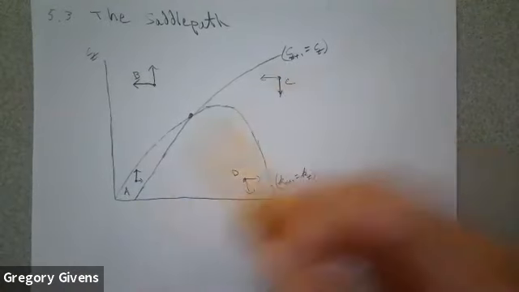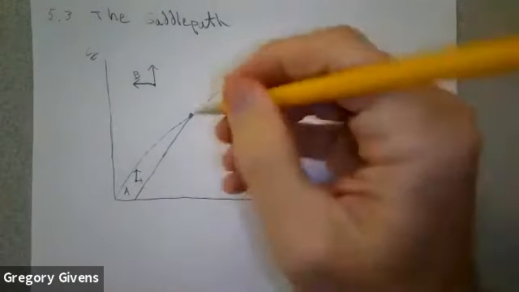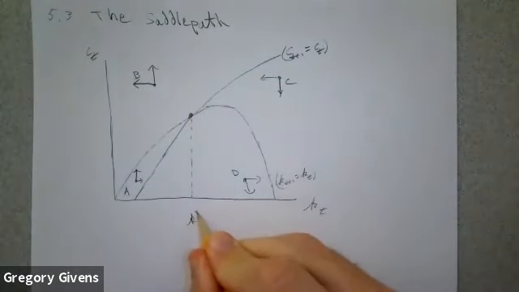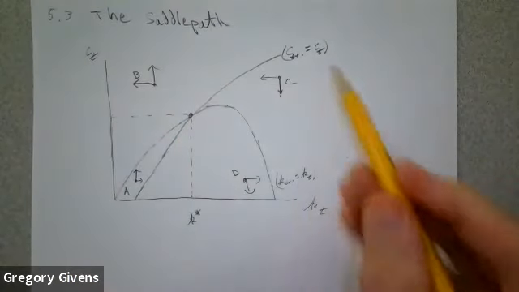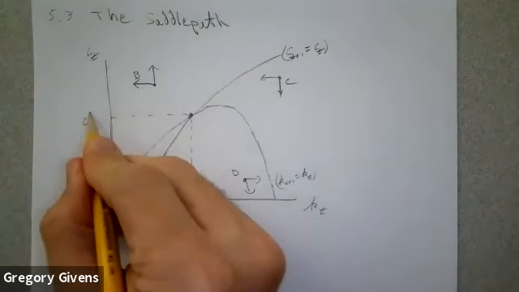The intersection of these 2 loci is going to identify, of course, where the steady state is, because only this point is consistent with consumption not changing over time and capital not changing over time.